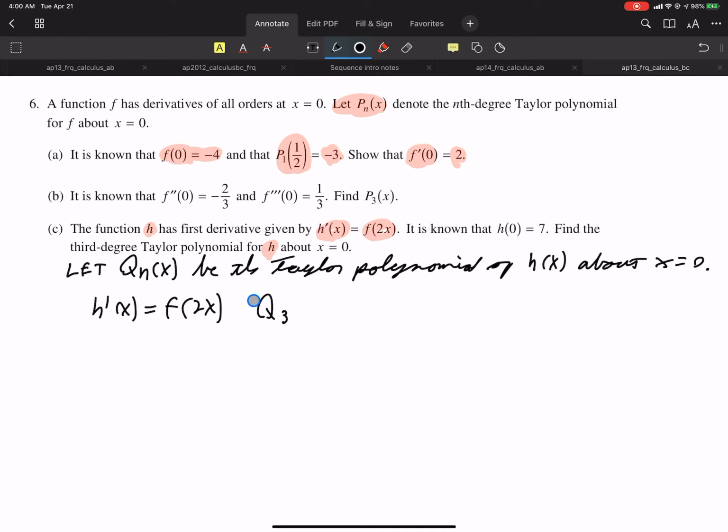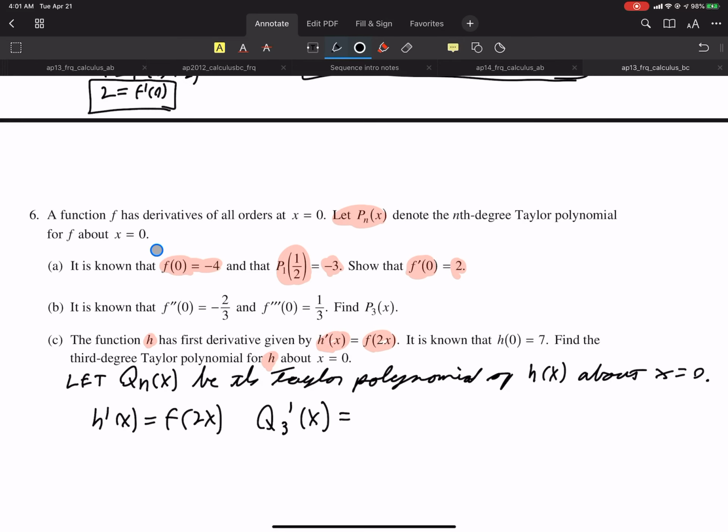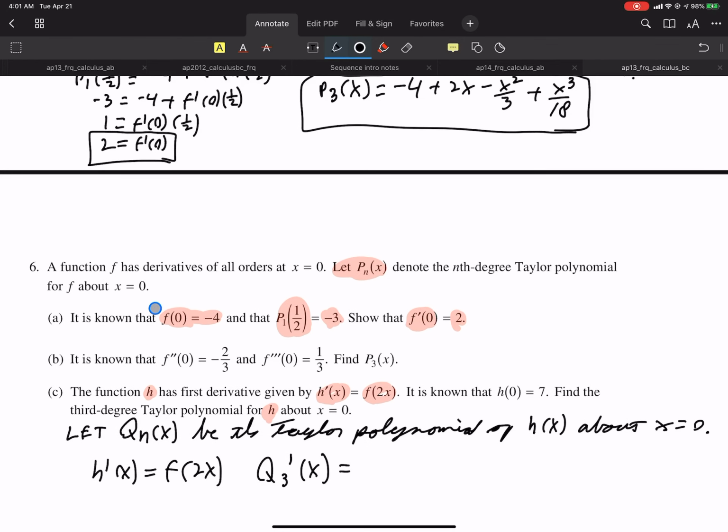So if we try to find q based on this, we're actually going to replace h prime with q prime of x. And we're going to use the fact that if you have the Taylor polynomial for f, and now you have a composition, 2x is a function in a function, you can just take the Taylor polynomial for f and replace everything with the 2x. So that's what we're going to do. We're going to take our previous answer, replace all the x's with the 2x.